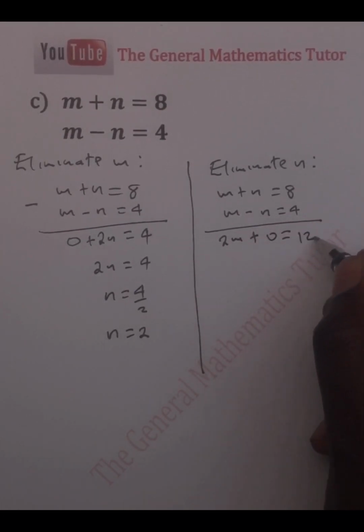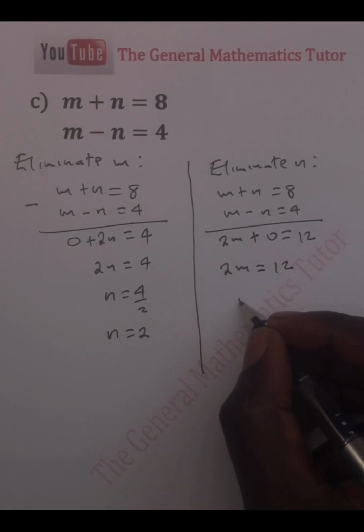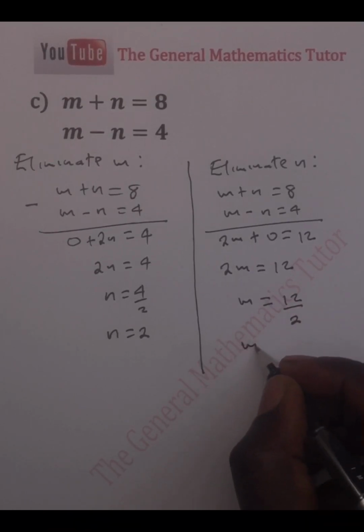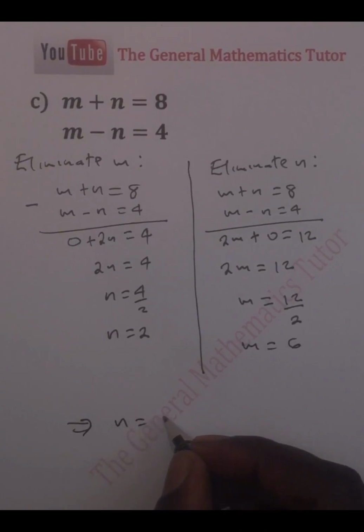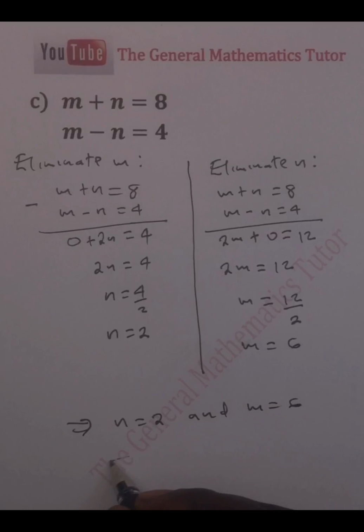Then we have 12. So it means 2m is equal to 12, so that m is equal to 12 over 2, so that m is the same as 6. So therefore we have that n is equal to 2 and m is equal to 6.